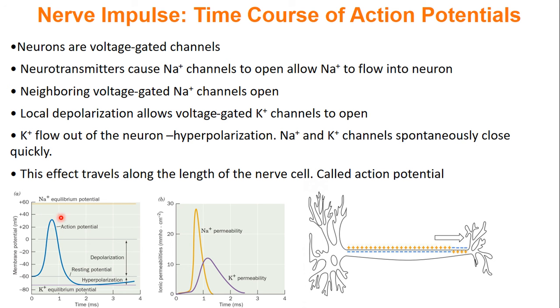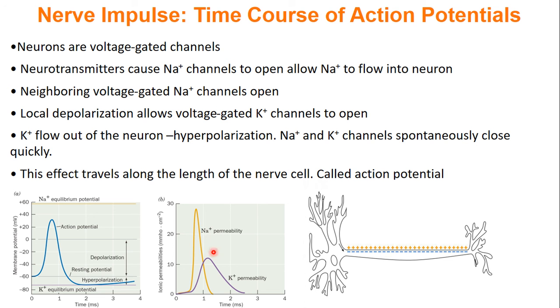We call this an action potential. When the sodium channel closes, the potassium channel now opens, and so potassium flies out of the cell. This causes hyperpolarization. That is, the inside of the cell becomes more negative than it was at the start. So it's hyperpolarized, and it takes a little bit of time for that to return to normal levels.